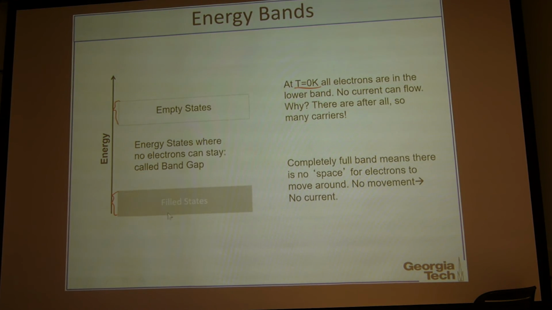Why? Because the states are filled, if an electron moves from one location to another, then another electron moves the other way. You just exchange two electrons, so there's no net current. That's why at T equals 0 K there's no current. So these are two physical pictures, but we are talking about the same phenomenon.